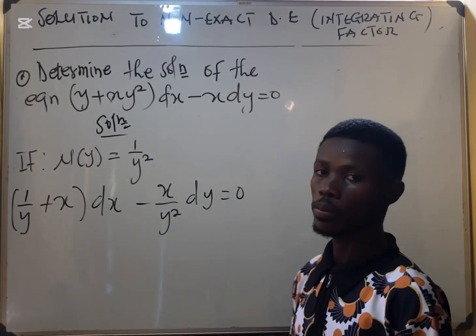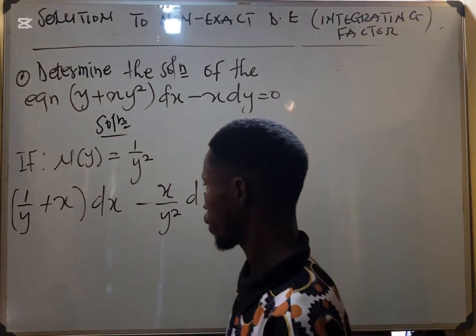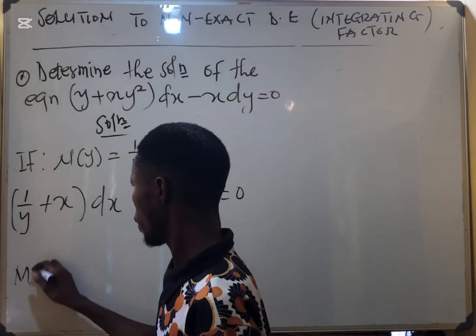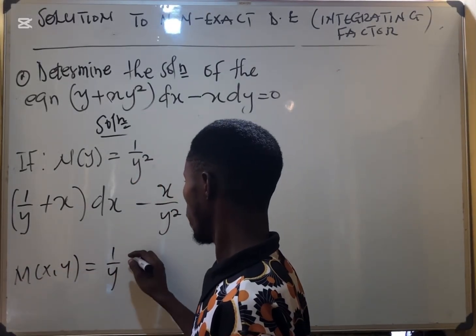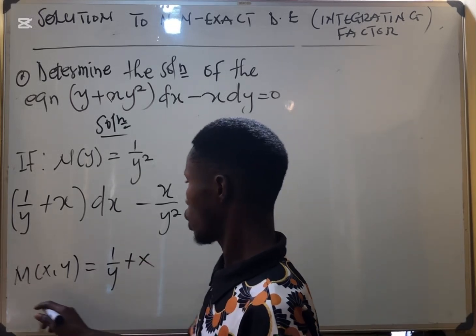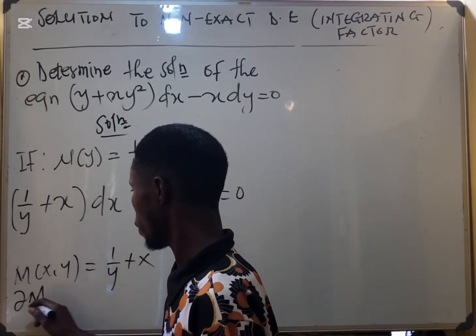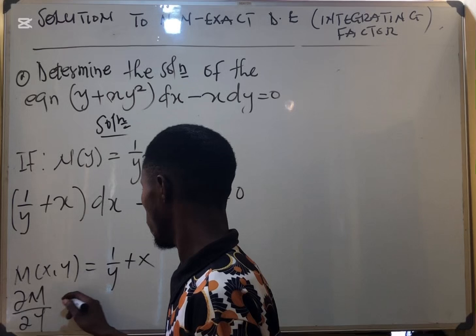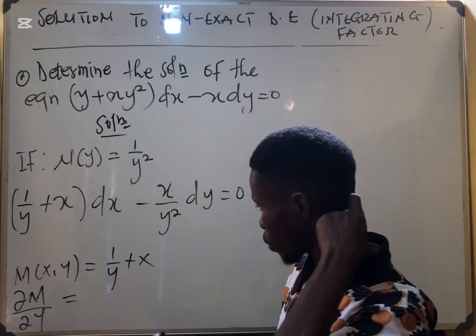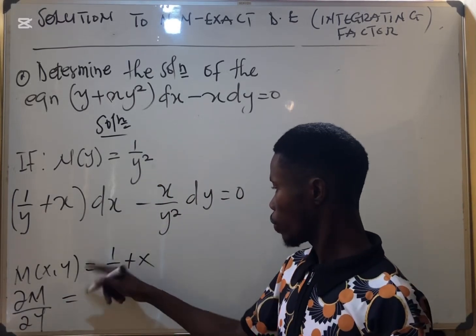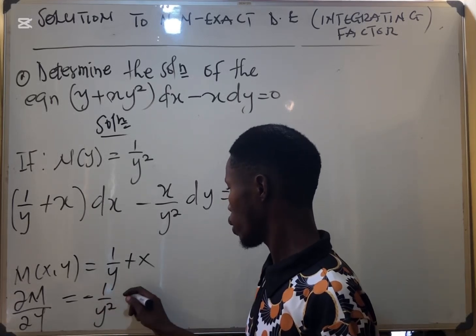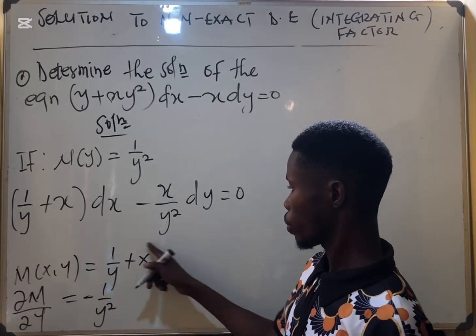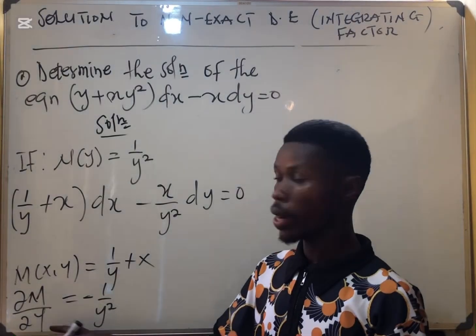This equals 0. So as usual, our M in terms of x and y is now 1 over y plus x. So delta M delta y is going to give us, if I differentiate this one, negative 1 over y squared. This one will go to 0 because I'm differentiating with respect to y.